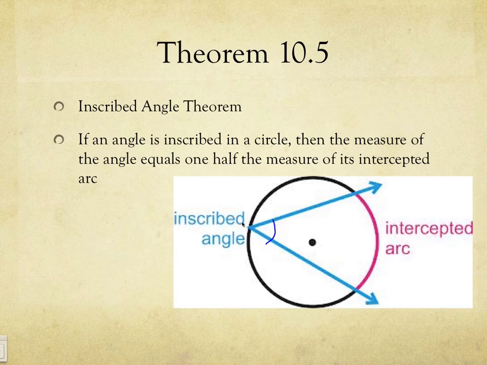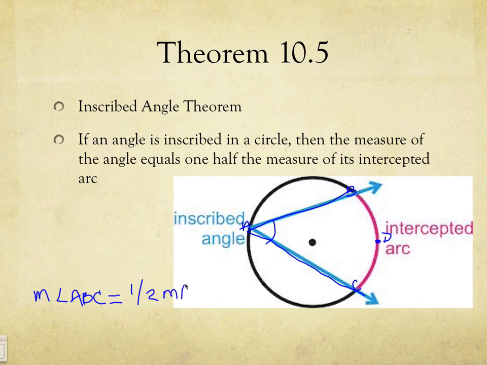So if we have chord AB and chord AC with a point D on our intercepted arc, therefore we can say that the measure of angle ABC is equal to 1/2 the measure of arc ADC.